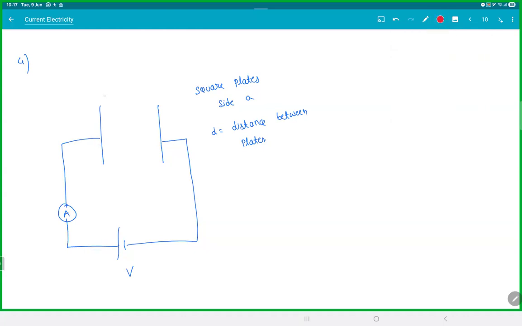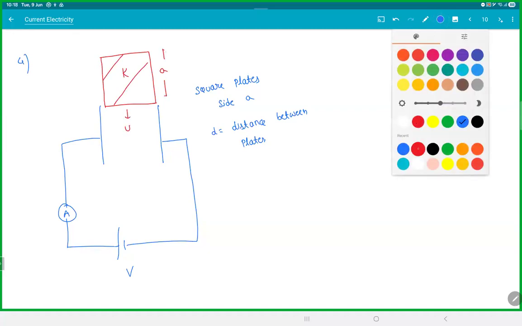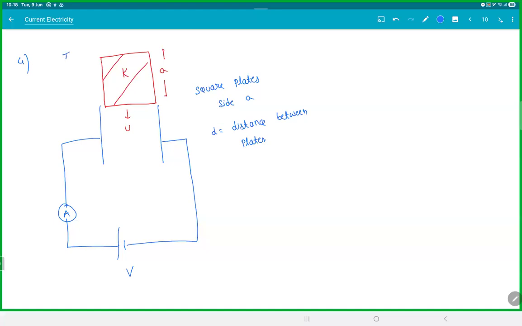And now what happened? We have a dielectric slab. Initially it is just outside. This side is A. It is going inside with a constant speed U. The dielectric slab enters this thing. This is the time t equals 0.